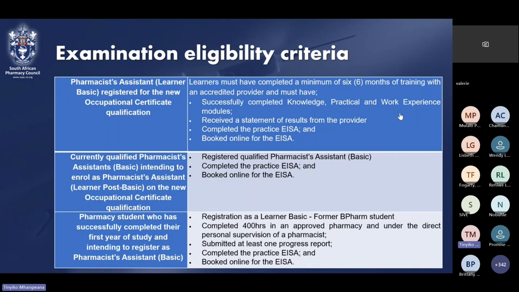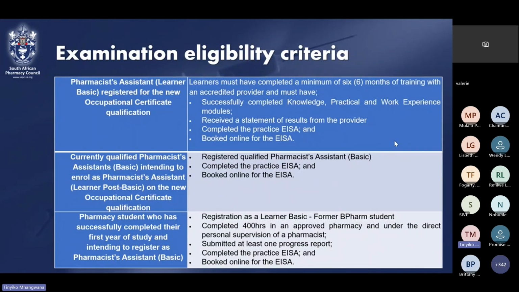So those people who are learner basics, who are registered for the new qualification currently, they are the ones who are eligible if they have successfully completed the knowledge, practical, and work experience modules, as was already highlighted. Then your provider is going to issue you with a statement of results.